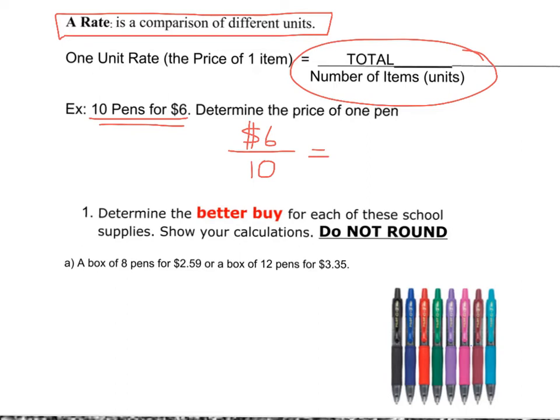When we do this, we are going to get $0.60 for one pen, otherwise known as 60 cents. So each pen costs 60 cents. And then there's a box of 10 of them, so you multiply that by 10 and it's $6. So that's what unit rate means: what is the price for one of those items, even though the items are sold in a bundle.